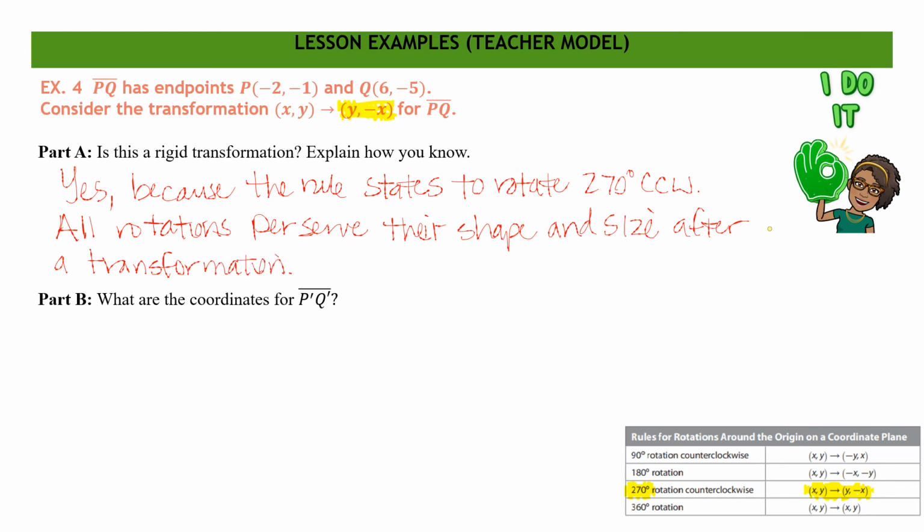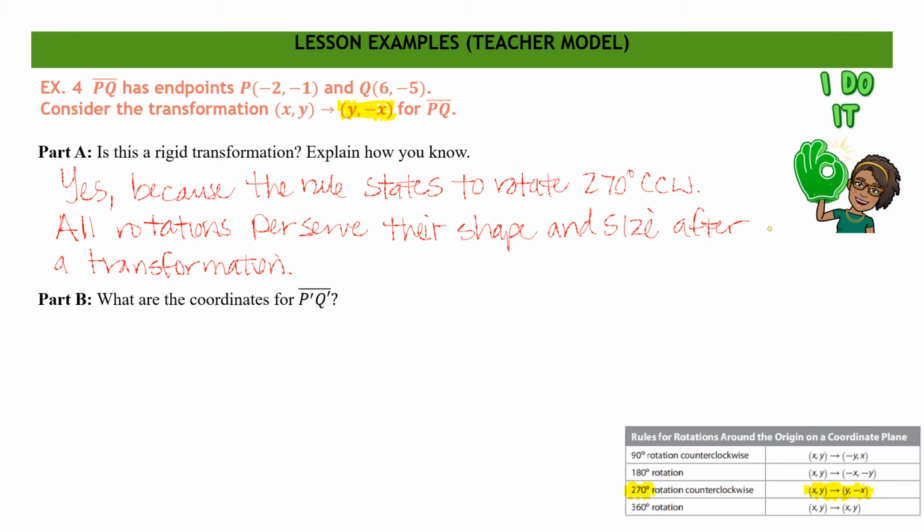Okay, so rigid transformation, once again, remember, means that after a transformation is performed, the shape and size is still preserved. And then, of course, it has to be rigid because rotation is a part of the rigid transformation family.